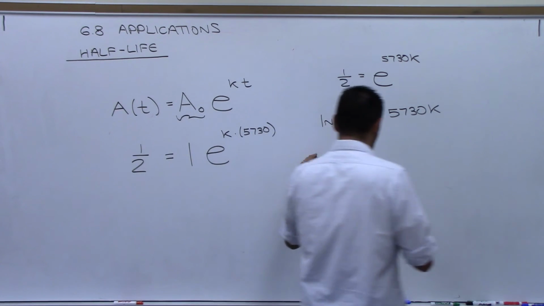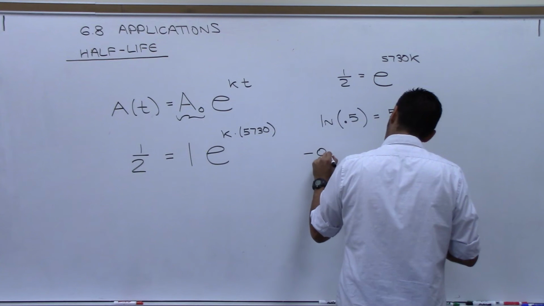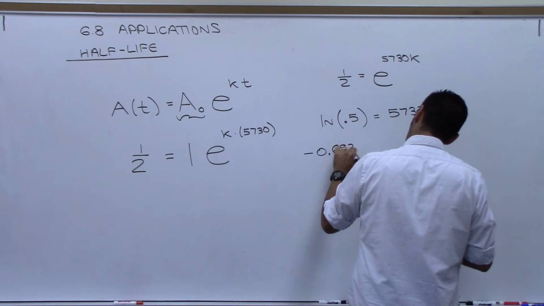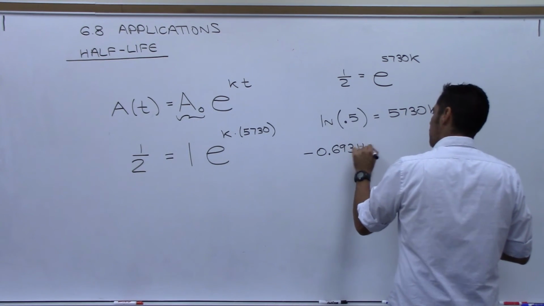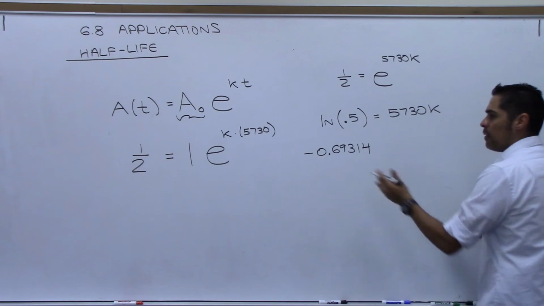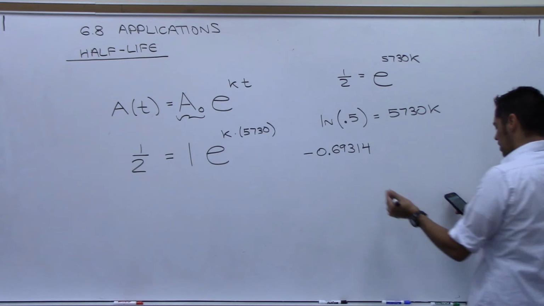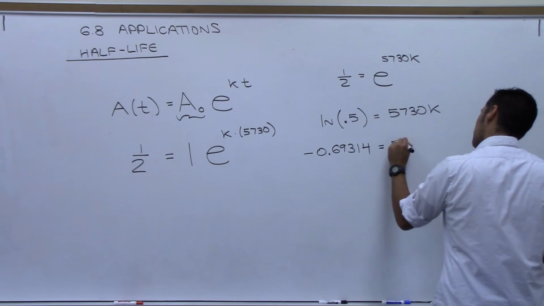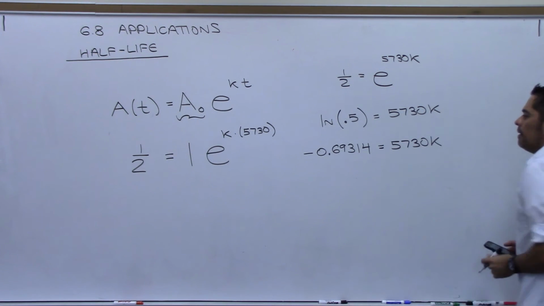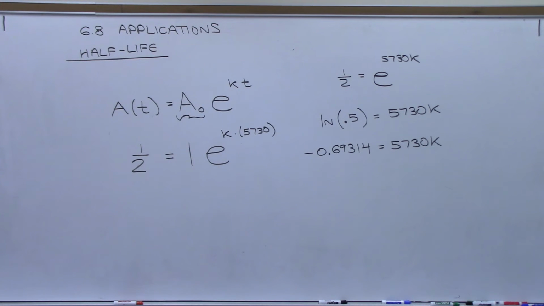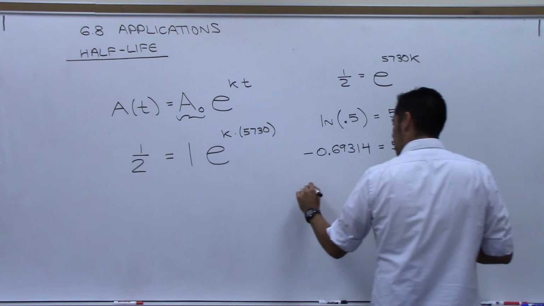So you should get something like negative 0.69314. The further you go with your decimal, the more accurate your answer is going to be. I'm just going to go to there, equals 5730K. And now divide both sides by 5730. And it's a really small number.